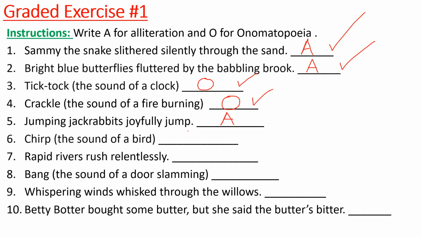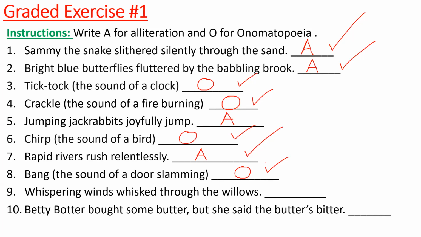O, onomatopoeia. Very good. And then number seven, rapid rivers rush relentlessly. A, alliteration. Very good. And then bang, the sound of a door. What is that? Onomatopoeia.